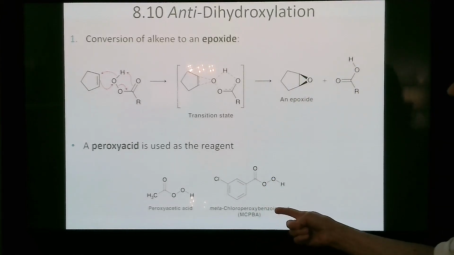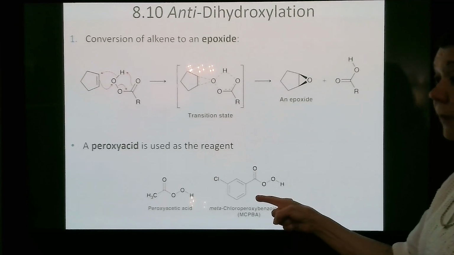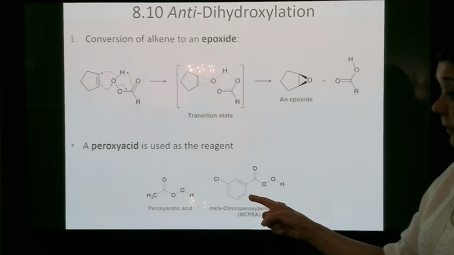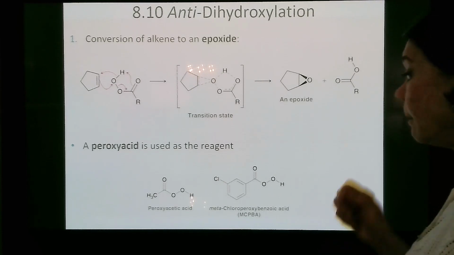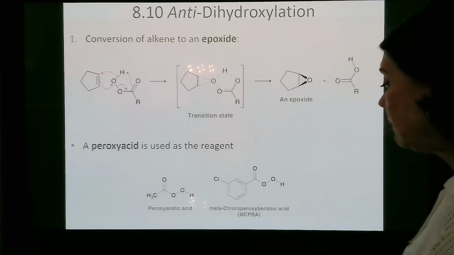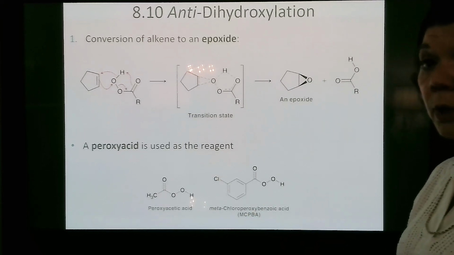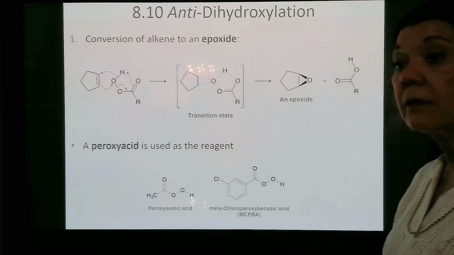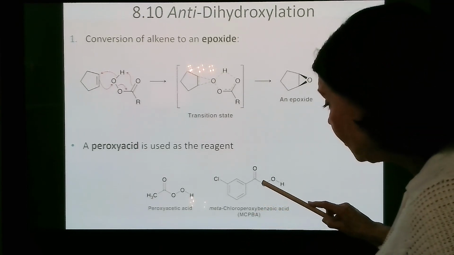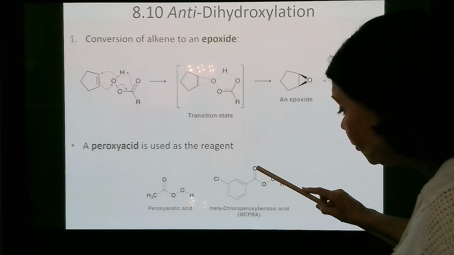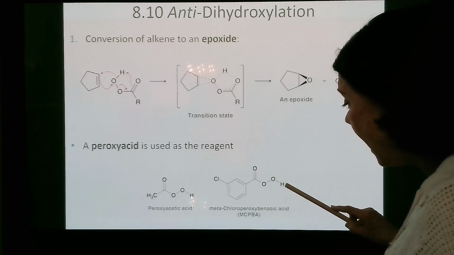This peroxy acid is extremely common, and it's MCPBA. You will want to learn that abbreviation, MCPBA. You'll want to learn the name metachloroperbenzoic acid. You can see that this is a peracid, COOH.